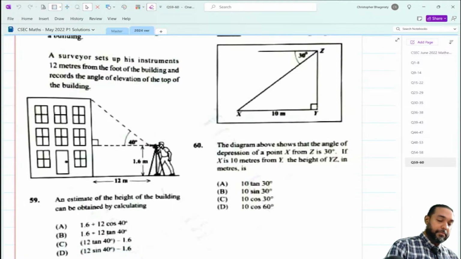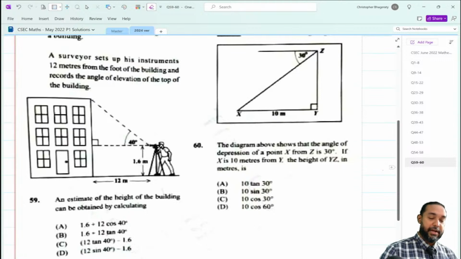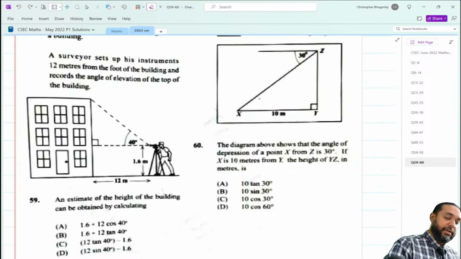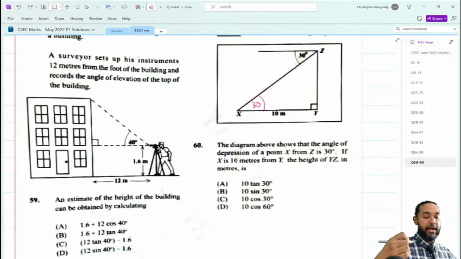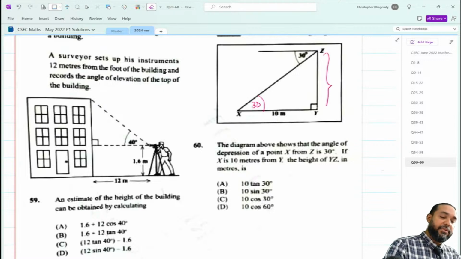All right. The diagram above shows that the angle of depression of X from Z is 30. And if you follow your Z angle, this is 30 here as well. Now we know it's a Z angle because the horizontal line of sight and the horizontal ground are parallel, and when you have a transversal cut through them, you create Z angles and F angles, right? X is 10 meters from Y. They want the height here. Now relative to 30, this side is opposite. And don't forget you have a 90-degree angle here.